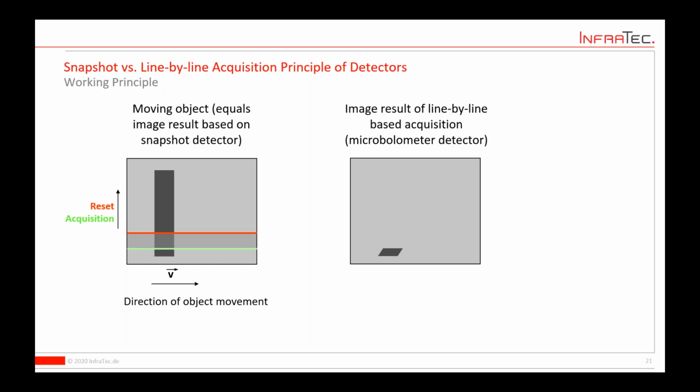But if you monitor the same object with a microbolometer camera, you will see a smearing over the detector, so the shape will be distorted, looking like this. This often makes it hardly possible to measure any meaningful temperature information if the relative movement in the scene is too quick.